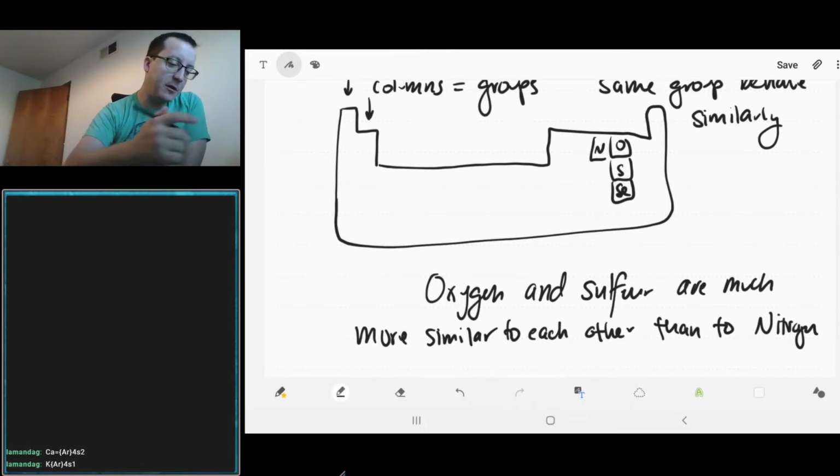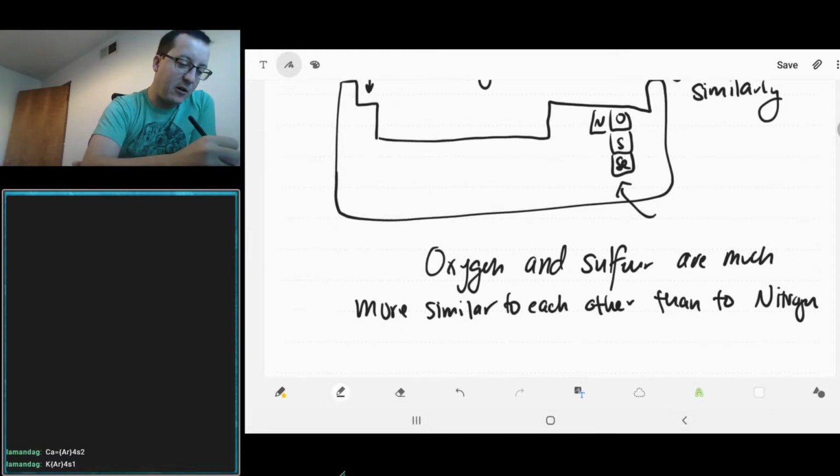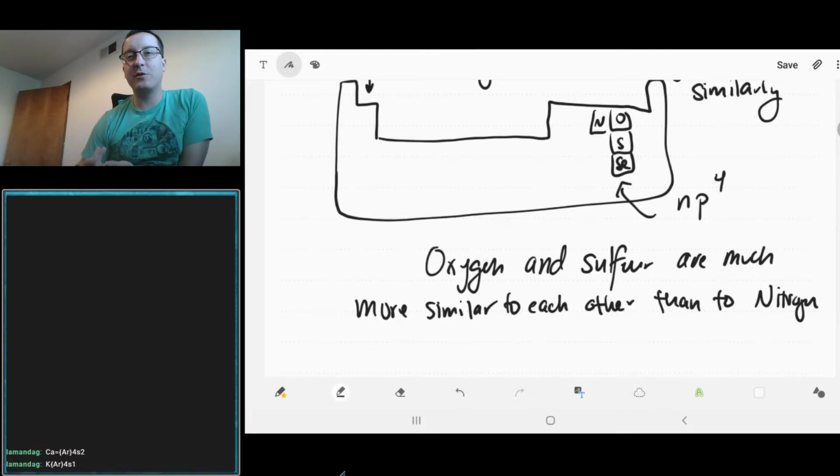And what we also notice is that all of these guys would have something that ends with p4 electrons, right? So oxygen, that would be 2p4, sulfur, that would be 3p4, selenium, 4p4, right? So they're in the same column. They're going to all have a fourth electron in the p subshell.